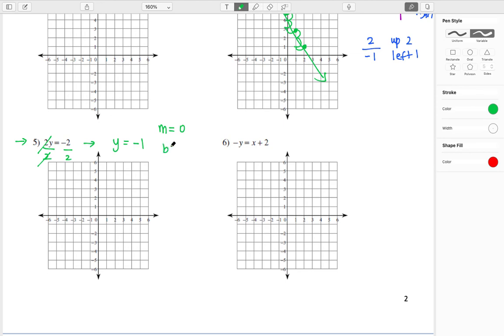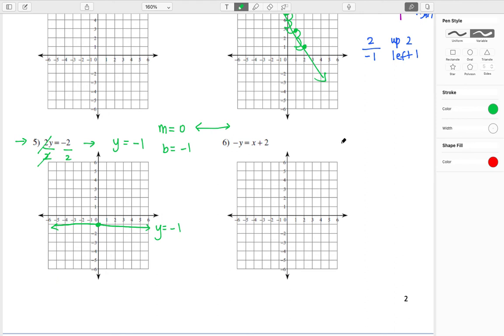And my y-intercept is -1. So if there's no slope, it actually means it's a horizontal line. So label your y-intercept -1, and the line y is equal to -1 will be like this, because there's no slope. Slope is 0.